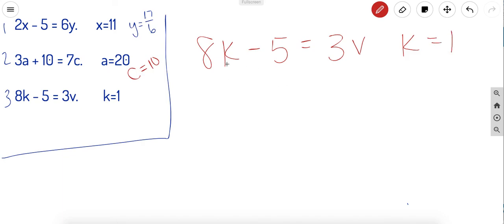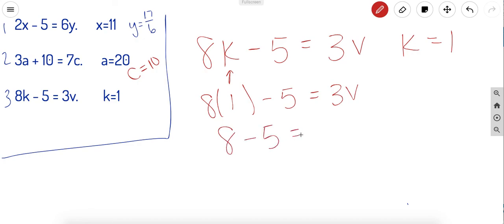Okay. So we are told that this letter equals 1. So we can plug this in as 8 times 1 minus 5 equals 3v. Now we simplify this part of the problem. 8 times 1 gets me 8. 8 minus 5 gets me 3.